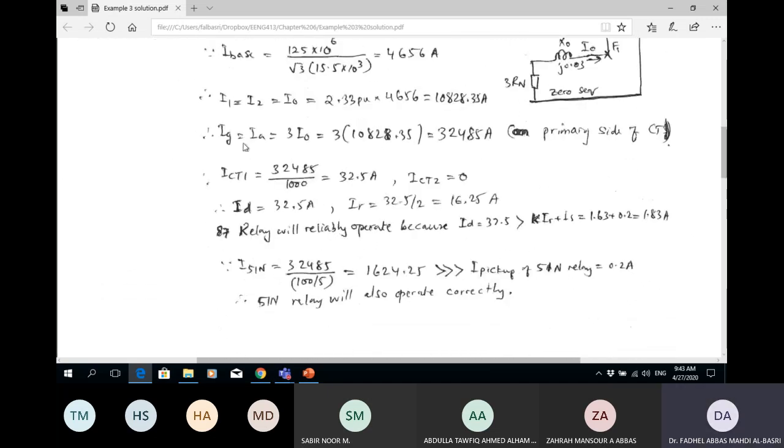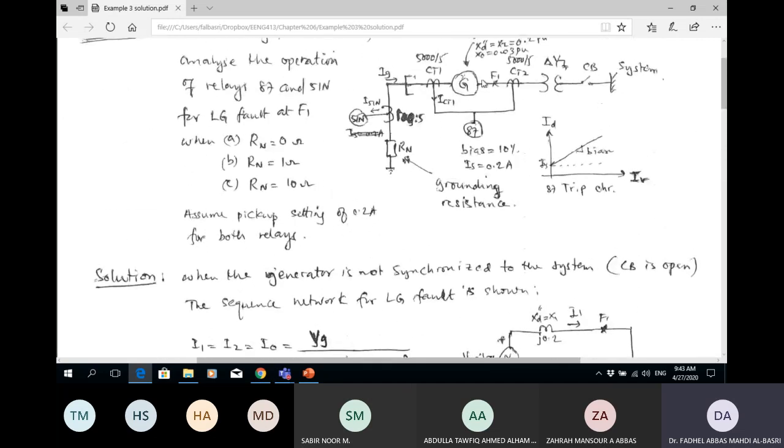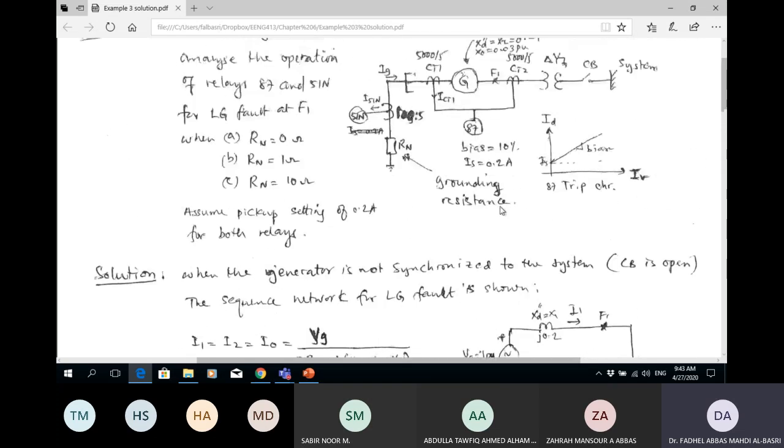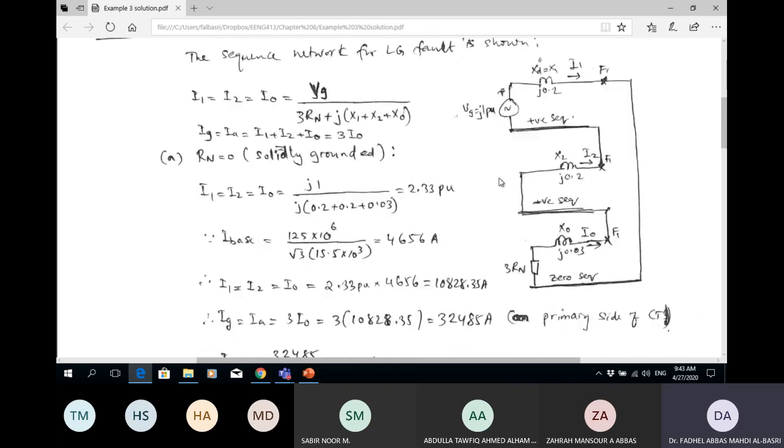In this case, I know the fault current, and the fault current divided by the CT of the neutral gives me the current that goes to the overcurrent relay. So I find ICT1, which goes to the differential relay. ICT2 of the differential relay is 0 because there is no current from the system.